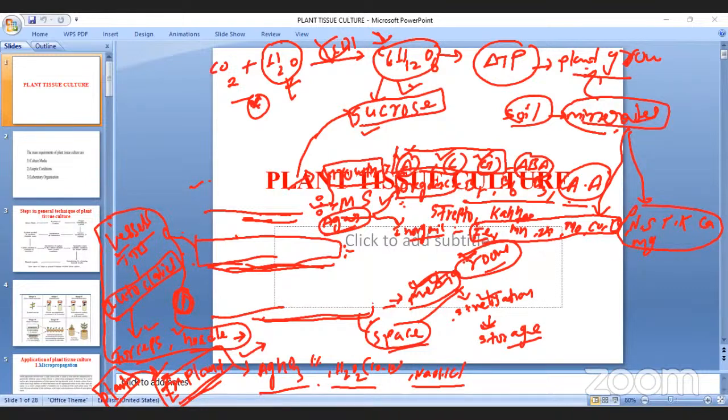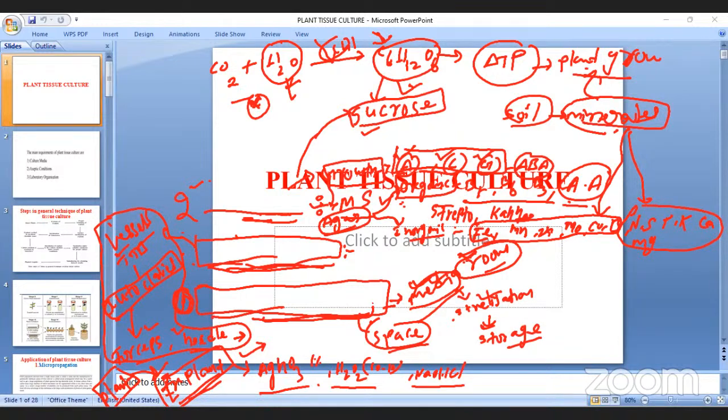Now the sterilization process is completed. In the first step we prepared the lab, we opted for a proper optimum lab. After that we prepare the second one.